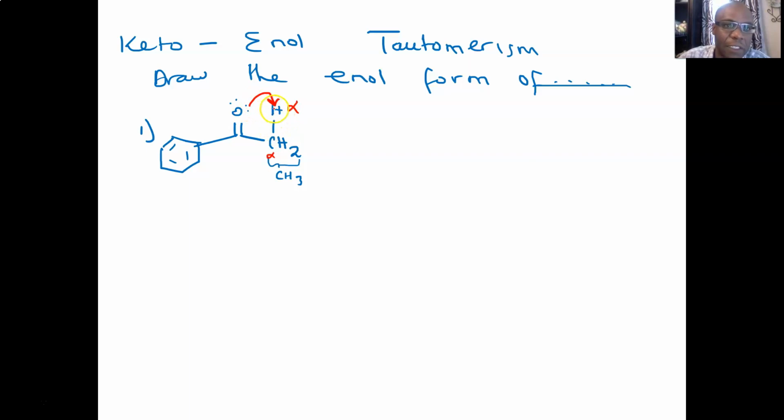Take out that hydrogen using the lone pair. Move your bond in there, and then this goes up there. So what happens? You're going to end up with OH on top, and then you're going to end up with a double bond and CH2, because this arrow makes a double bond.